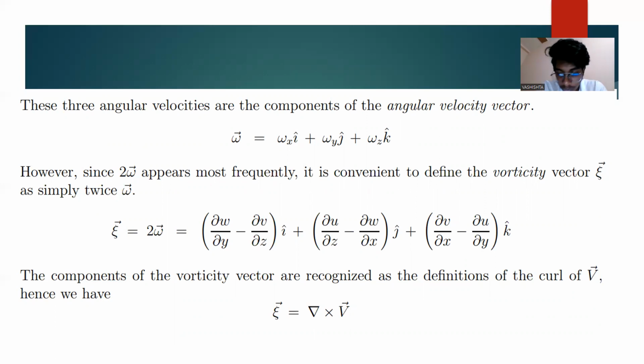As you can see, the vorticity vector is equal to twice the angular velocity vector, that is equal to (∂w/∂y minus ∂v/∂z) i plus (∂u/∂z minus ∂w/∂x) j plus (∂v/∂x minus ∂u/∂y) k. The components of the vorticity vector are recognized as the definition of curl of V. Hence, we have vorticity equal to del cross V, the velocity vector.